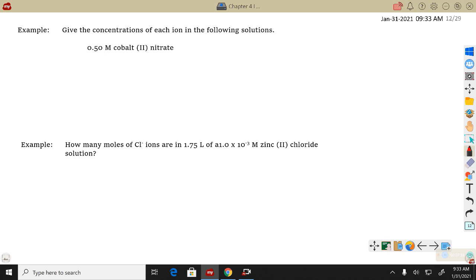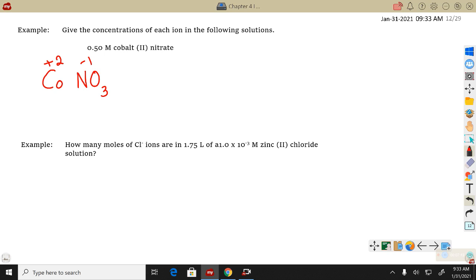Okay, so now this is meant to be really simple, but something that we're going to end up having to use quite a bit. Cobalt-2 nitrate, cobalt. The Roman numeral means that it's +2. Nitrate is NO3 -1. Now again, nitrate is a really common polyatomic, and eventually you'll just know it.